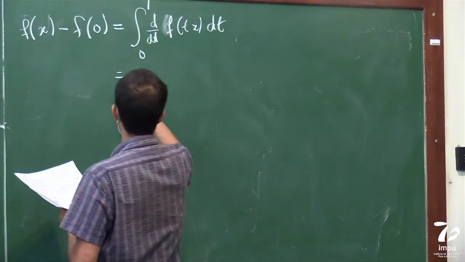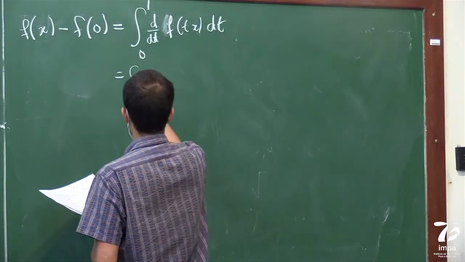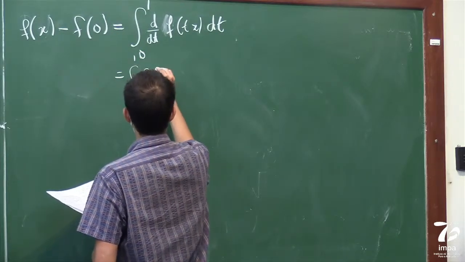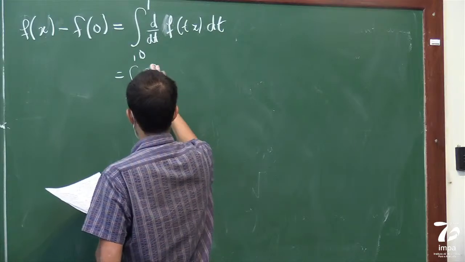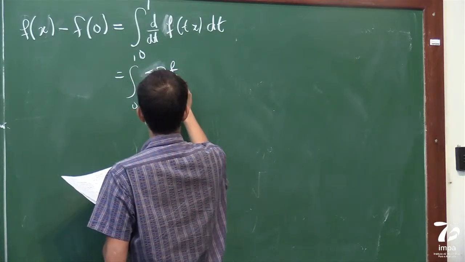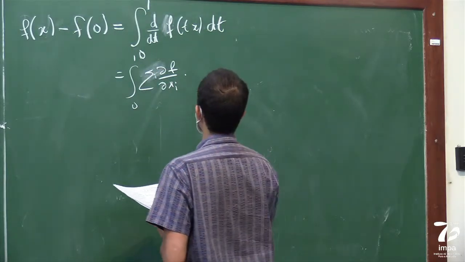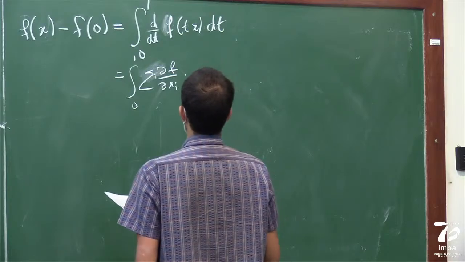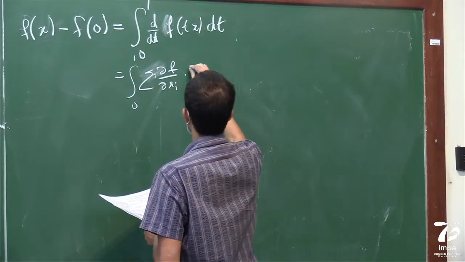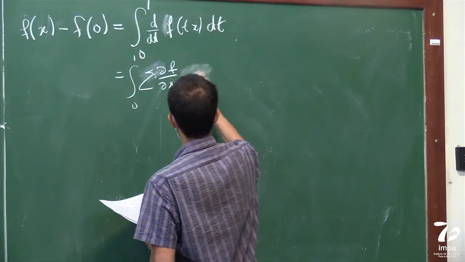So then this is the gradient of this. So that's going to be the integral from 0 to 1 of the sum over i of df/dxi times xi.